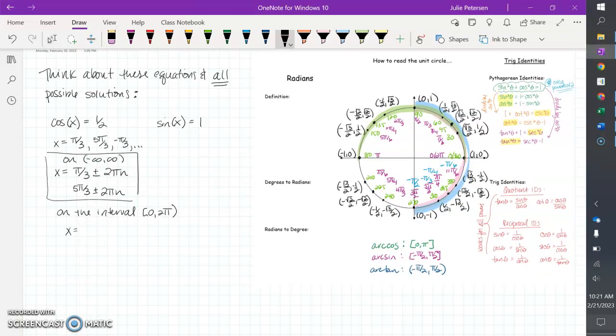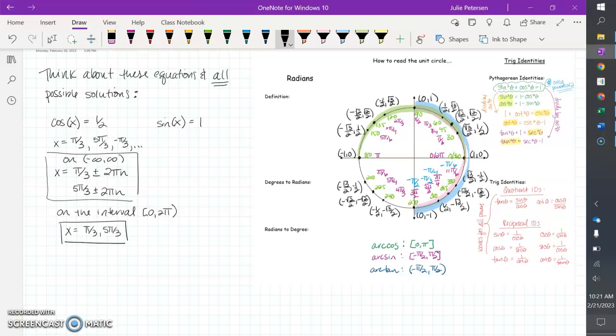And so those would just simply be pi over 3 and 5 pi over 3. So just the two that we listed without the plus or minus 2 pi n. So just pay attention to how you're being asked to provide your answers. If you're asked to provide without any limitations, then you add or subtract a revolution. If you're asked to find them only on the interval from 0 to 2 pi, then you just list the ones that are between 0 and 2 pi only. No negative angles, no plus or minus a revolution.